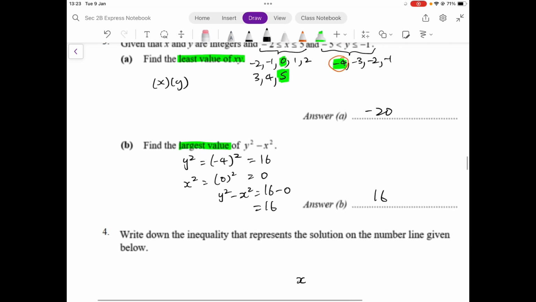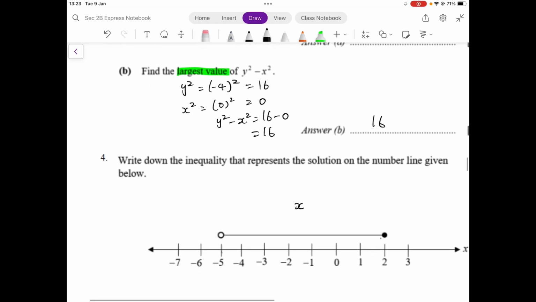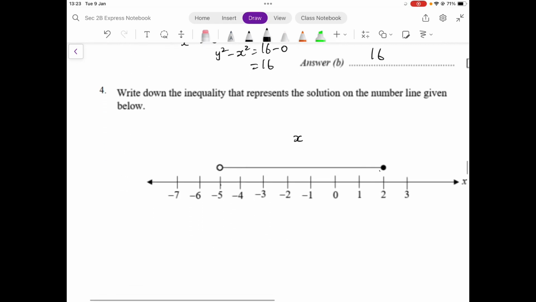Alright. Hopefully this helps. Okay, now write down the inequality that represents the solution. Okay, so from here, the black dot is above 2. Okay, so we know the inequality is more than or equal, or less than or equal. Because the line covers the numbers less than 2, it is less than or equal to 2.